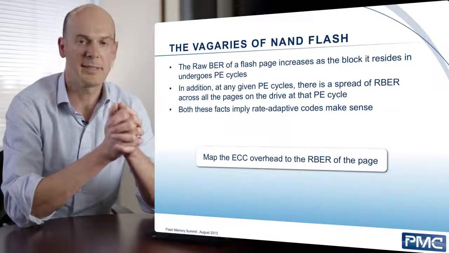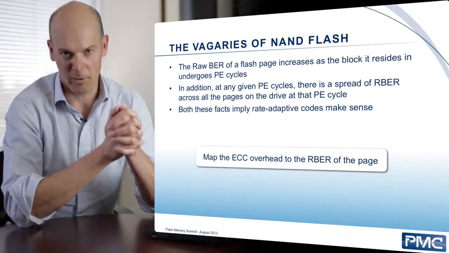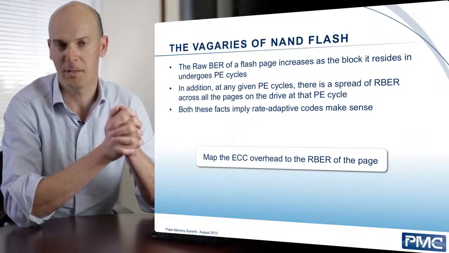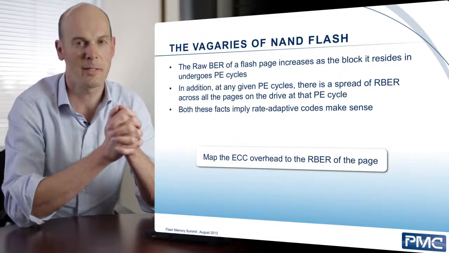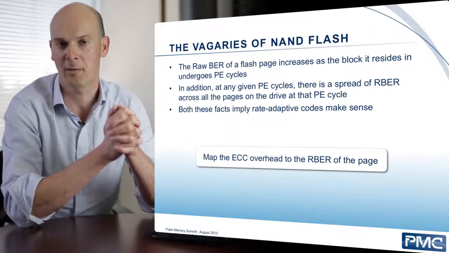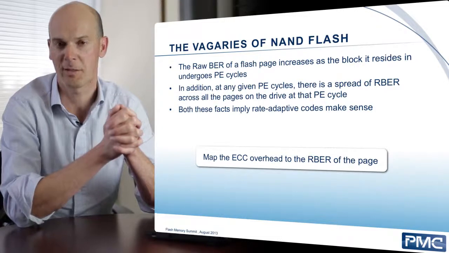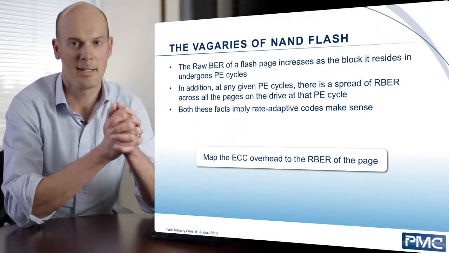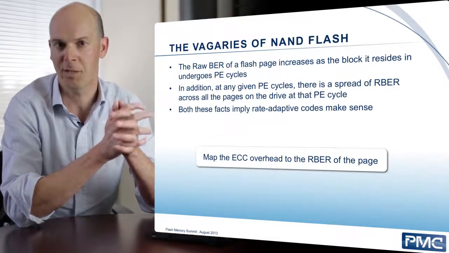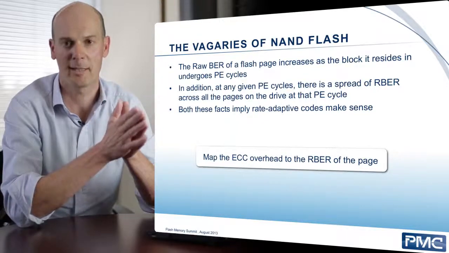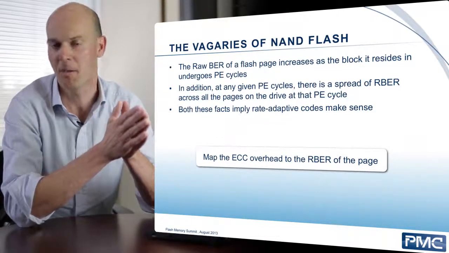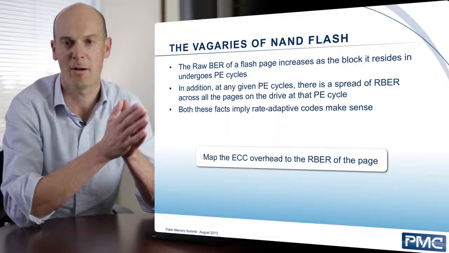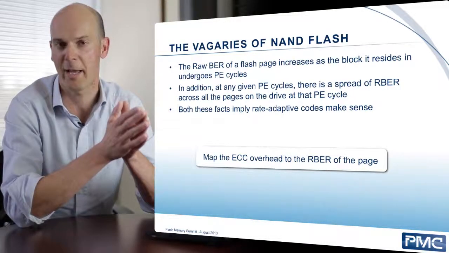In addition to this, NAND Flash is not all the same. Different vendors have different types of flash, and even within the same vendor, they process flash at what we call different geometries. And even within that, it's possible to get two flash devices which are on the outside the same. They have the same part number, but internally they are very different in terms of their behavior.